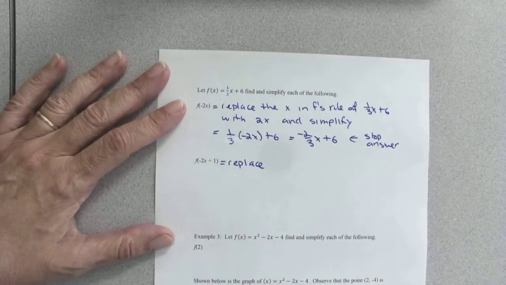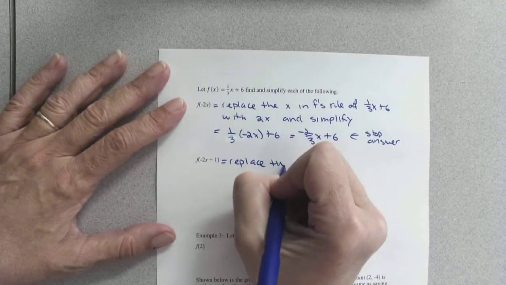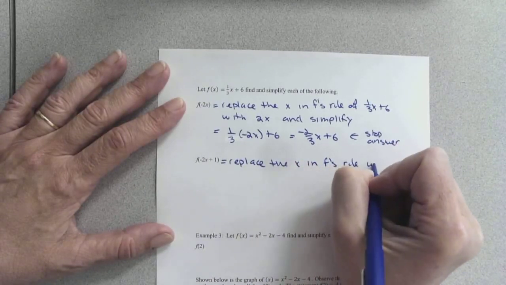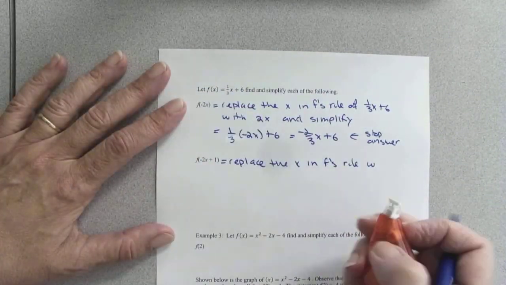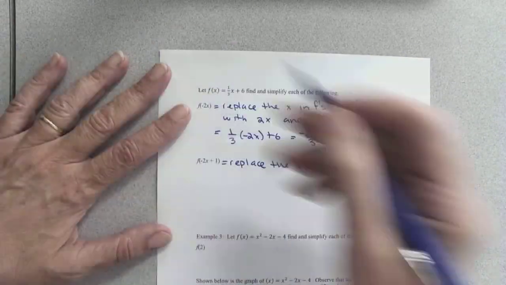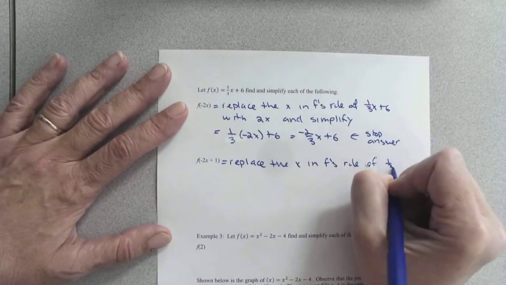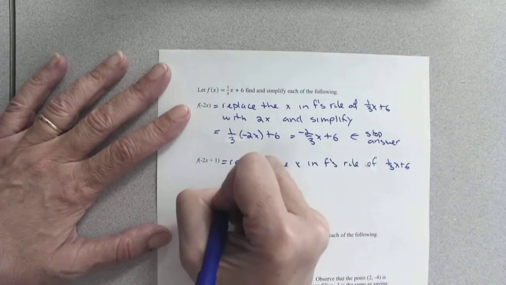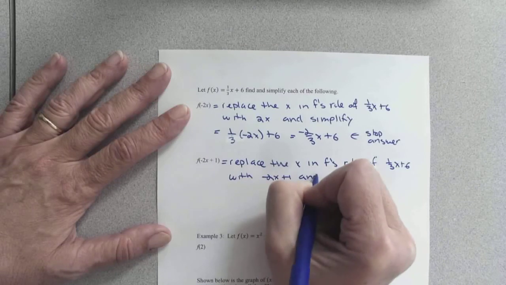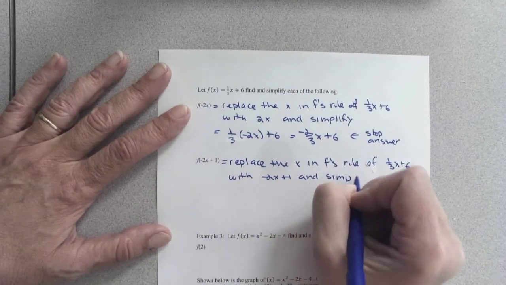The same thing here. This means replace the x in f's rule of 1/3 x plus 6 with -2x plus 1 and simplify.